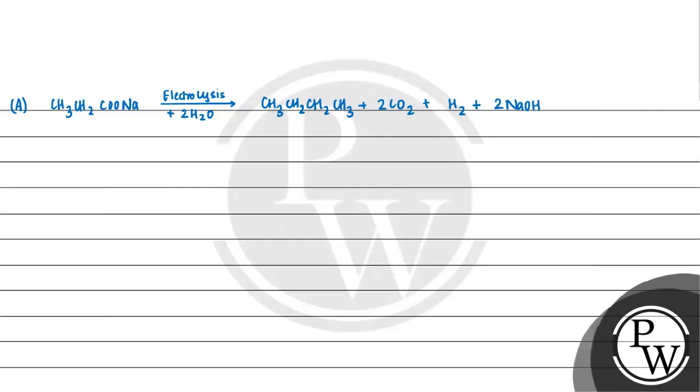So it gives CH3CH2CH2CH3 plus 2 moles of CO2 plus H2 plus 2 moles of NaOH. And if we balance this, that would be 2 moles of CH3CH2COONa, and on electrolysis gives CH3CH2CH2CH3 plus 2 moles of carbon dioxide plus H2 plus NaOH. तो हम यहाँ पे अगर गिने अपने number of carbons, that would be 1, 2 and 3. तो यहाँ पे हमारे number of carbons है 3.